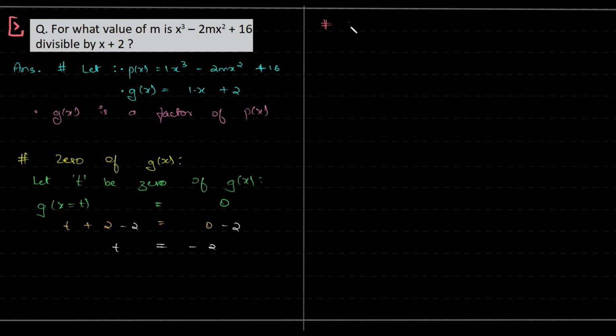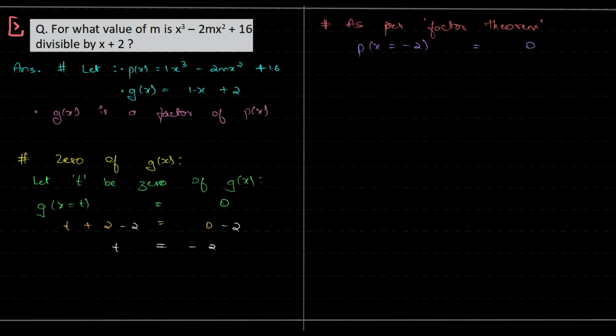Since g of x is a factor of P of x, as per the factor theorem, when I substitute x being equal to minus 2 in P of x, I should get an output of 0.